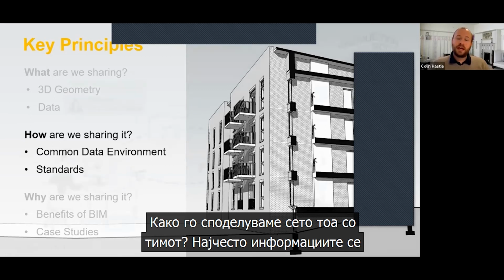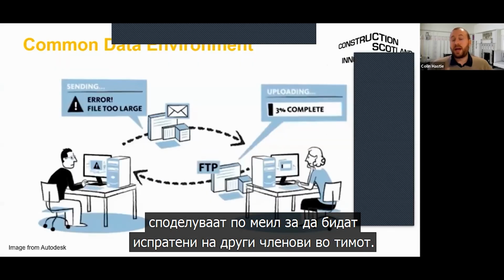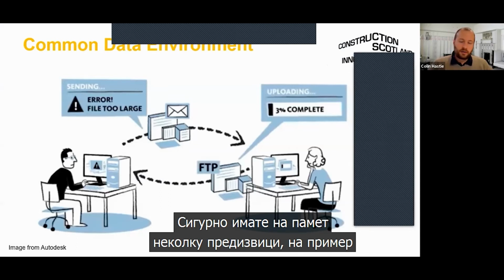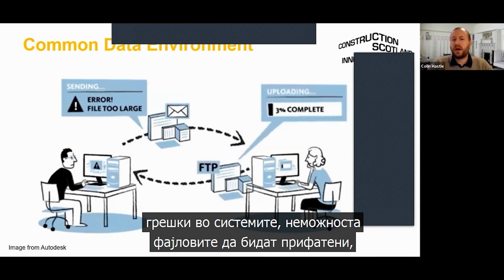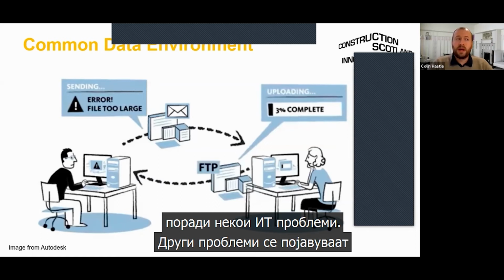Traditionally, information would be shared by email or sent to other parties on the team. There are a number of challenges which I'm quite sure you've come up against. Either you have technical issues like file sizes being too large, errors in the system, not being able to accept files through firewalls and other IT problems.